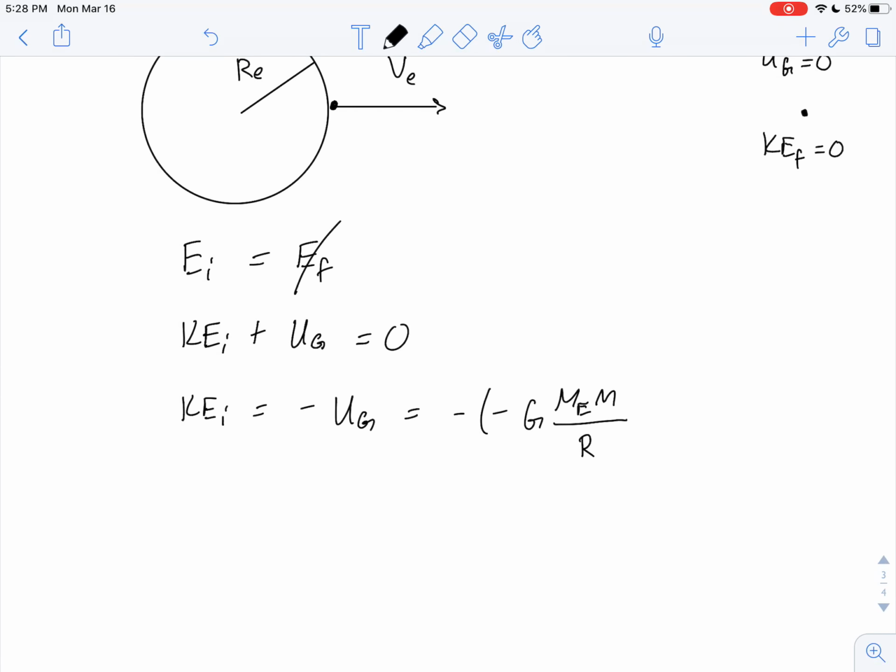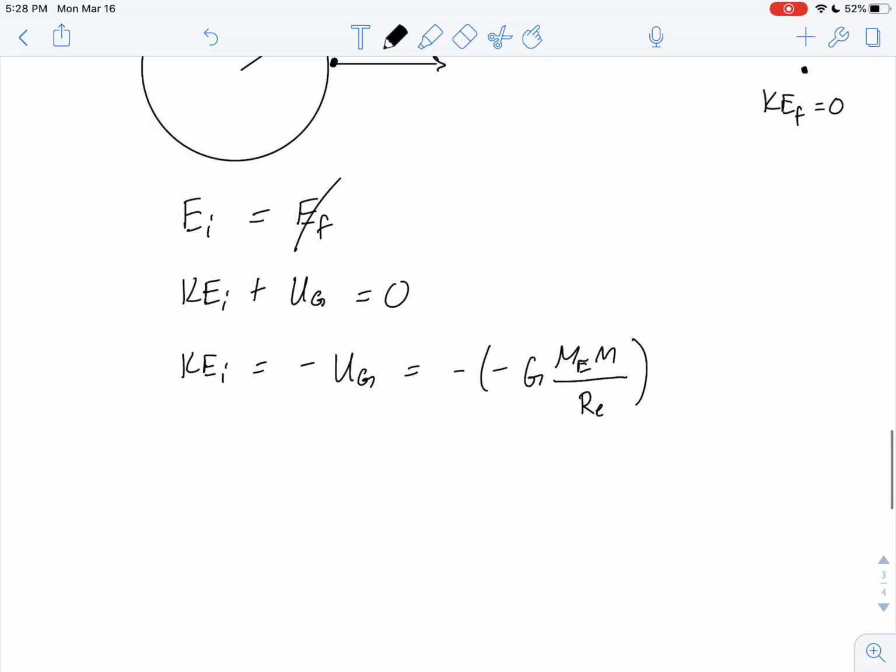So we'll put a radius of Earth right here. And then we can go ahead and get rid of those negatives, and then we'll replace kinetic with 1/2 times the mass of the rocket times the escape speed squared, equals G, mass of Earth, mass of the rocket over radius of Earth.